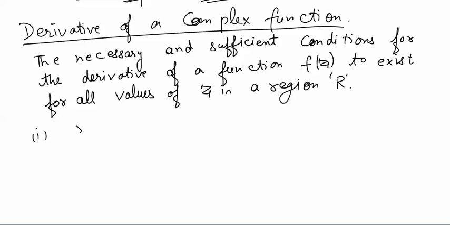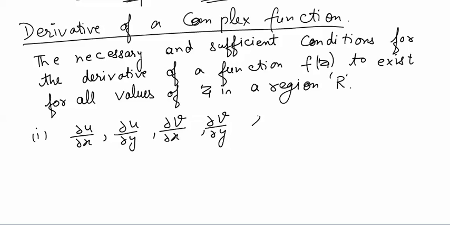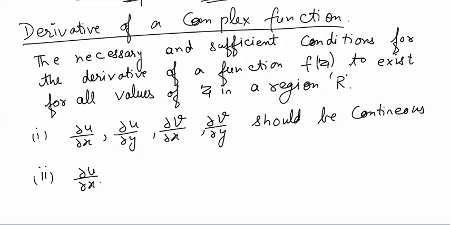First condition: del u by del x, del u by del y, del v by del x, del v by del y should be continuous. And second, del u by del x should be equal to del v by del y, and del u by del y should be equal to minus del v by del x.